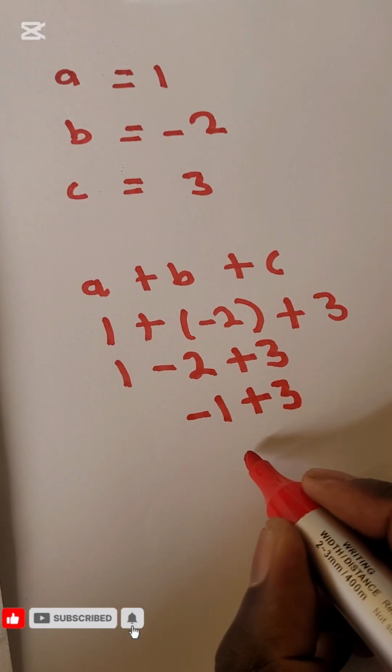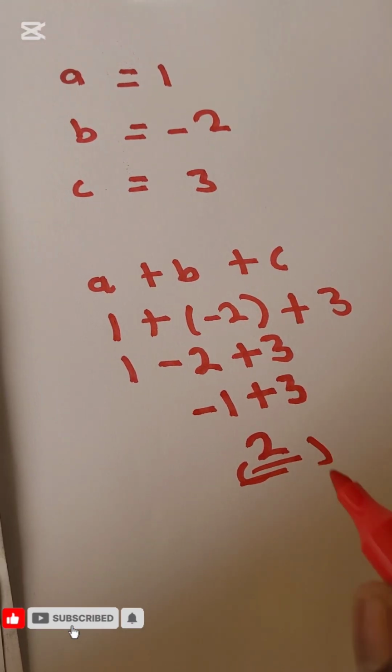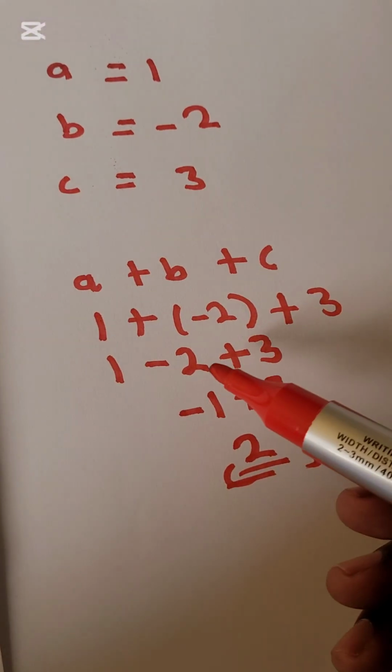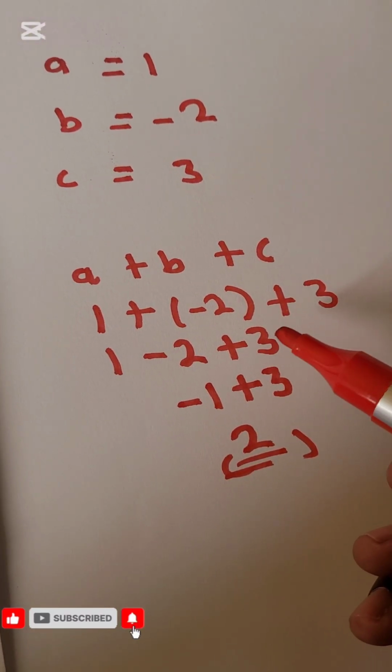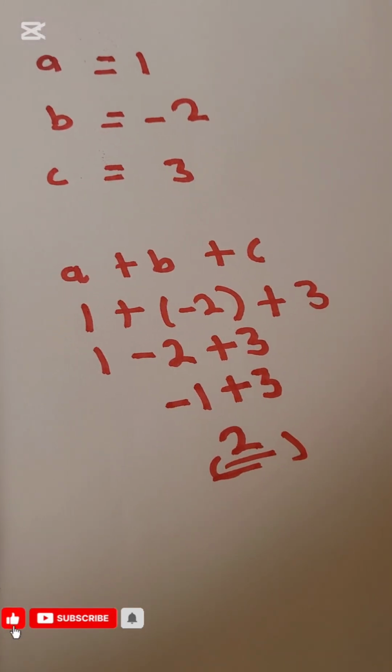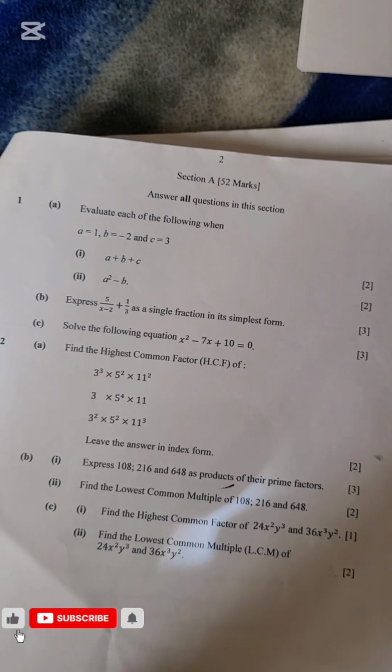So minus 1 plus 3, you get positive 2. Or you can say minus 2 plus 3, you get positive 1, plus 1. Okay, so that's the value of a plus b plus c.